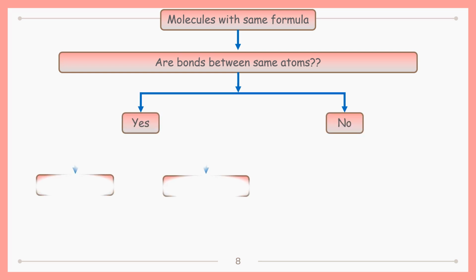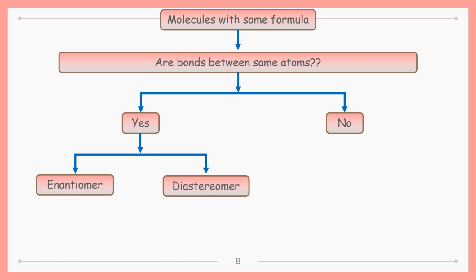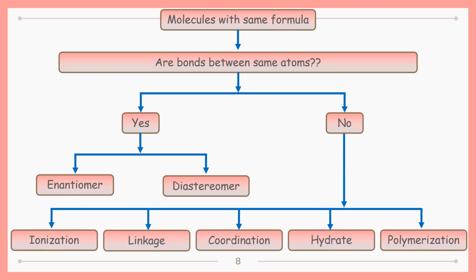If yes, the answer is going to be enantiomers and diastereomers, and if the answer is no, it is going to consist of 5 different classifications called ionization isomerism, linkage isomerism, coordination isomerism, hydrate isomerism, and polymerization isomerism.